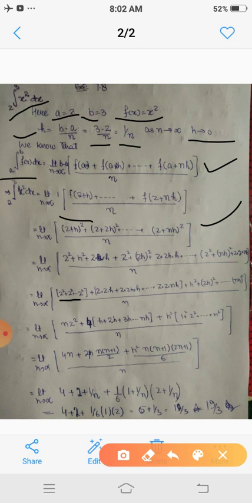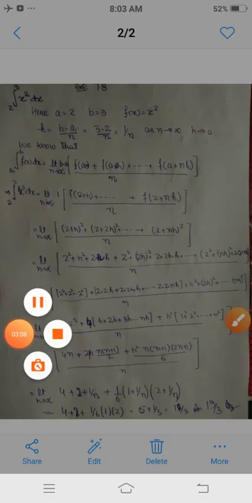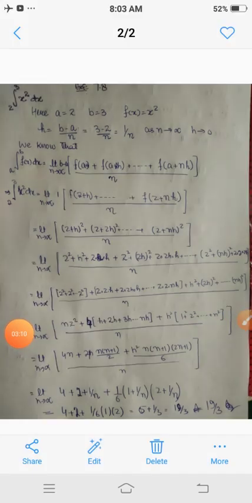The first term is 2 into 2h, the second term is 2 into 2 into 2h, and for the last term we have 2 into 2nh.